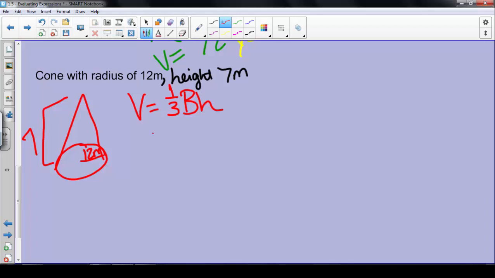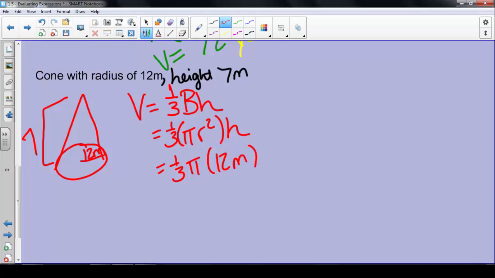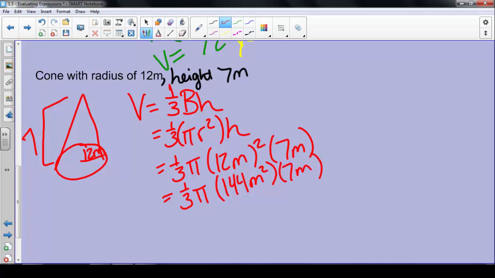Once again, this area of the base is a circle, so it's pi r squared times our height. 12 squared is 144, meters squared is meters squared. 1/3 of 144 is 48.